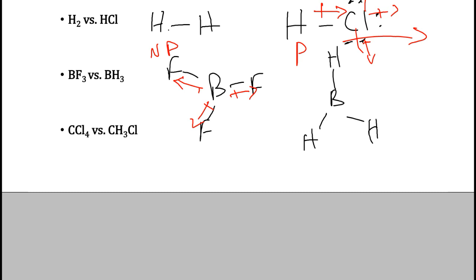What about BH3? Well, maybe we should look up in our electronegativity table what the electronegativities of boron and hydrogen are, because I sure don't remember off the top of my head. So, boron and hydrogen are essentially equivalent.